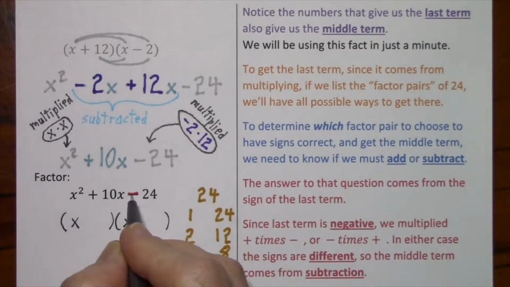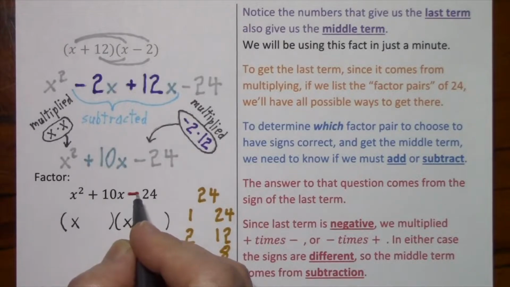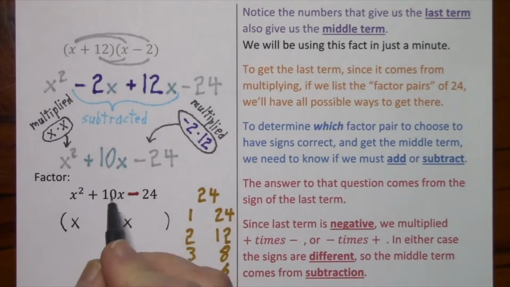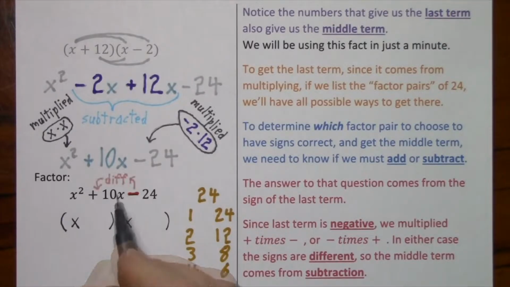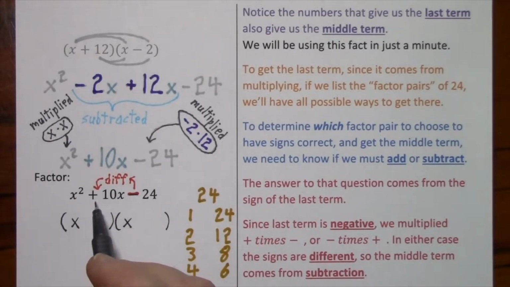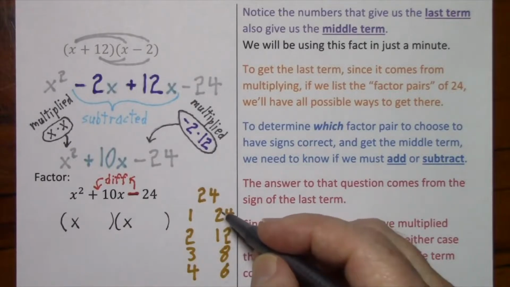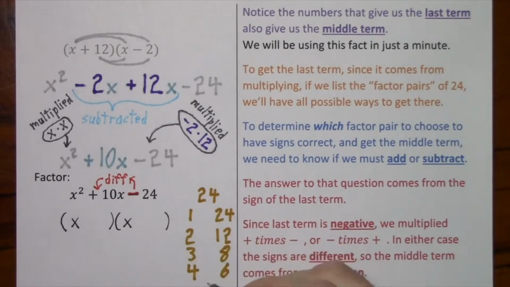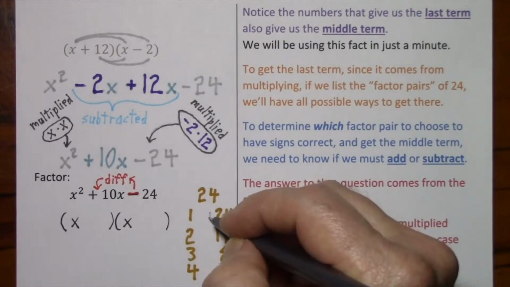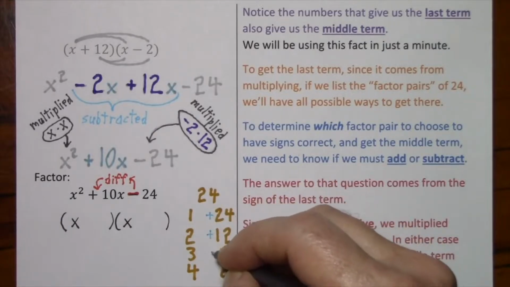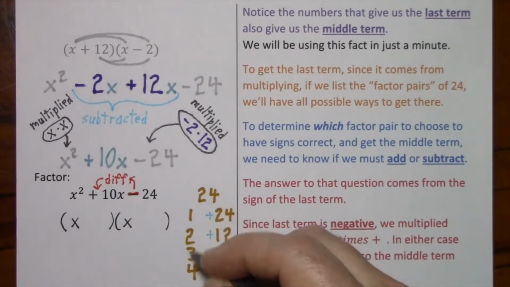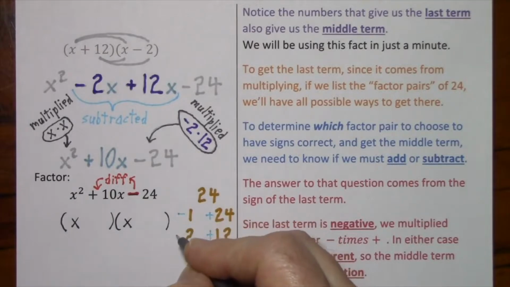That is, if this last term is negative, we'll be looking for a difference of positive 10. So if we're looking for a difference, that is, we're going to subtract and end up with a positive number. Looking at all these possibilities, it must be that the larger number is positive, the smaller number is negative.